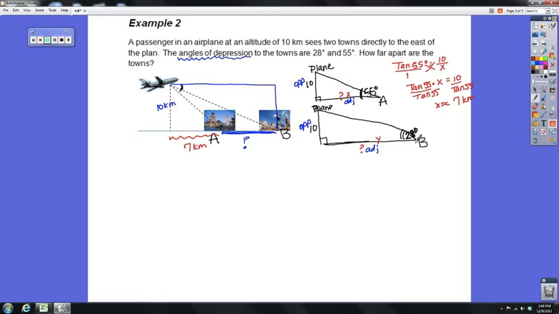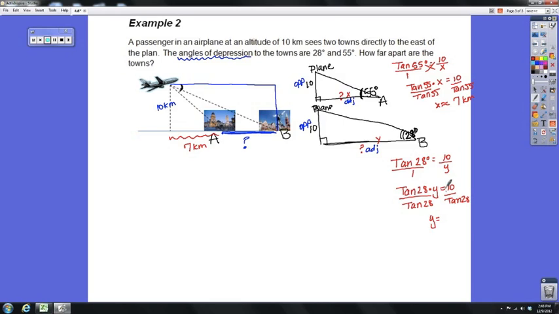So let's do town B. Opposite and adjacent. So tangent of 28 degrees equals opposite over, I'm going to use y this time for this one. Put that over 1, cross multiply. Tangent of 28 times y equals 10. Divide by tangent of 28.